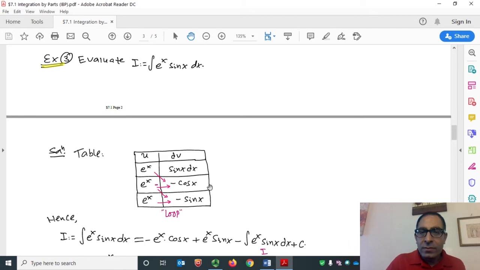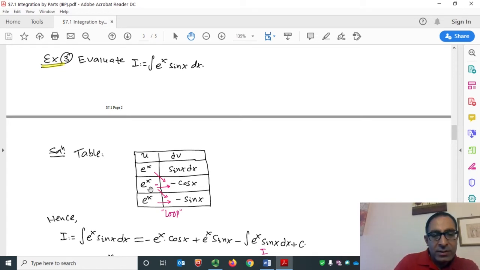If you focus on the second row here, the straight across multiplication gives you an integral of e to the x times cosine x, which seems to me not easier than the given integral, because the given integral is also an integral of exponential times trig functions. So let's repeat the IBP one more time.